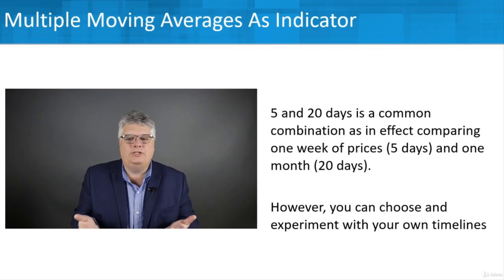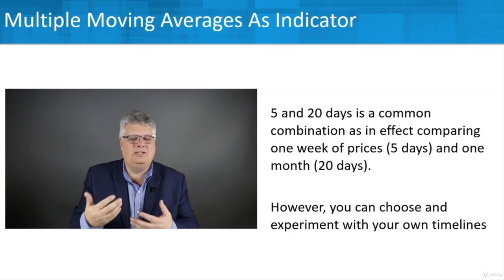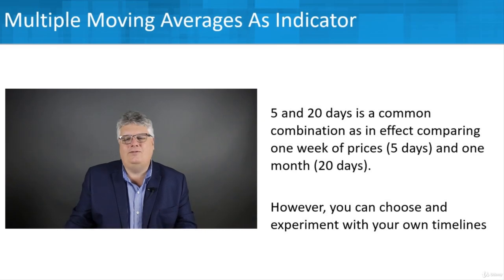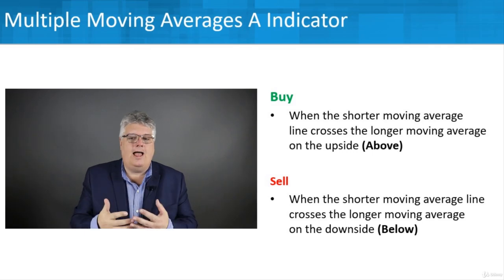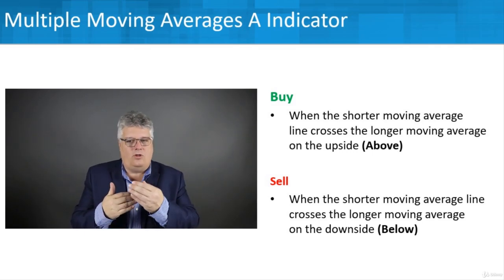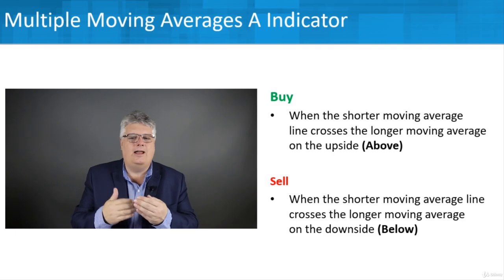However, you can choose and experiment with your own timelines, and that's perfectly okay. A lot of people use 50-day versus 200-day moving averages. There's lots of different ways you can do it, but a common one to get you started is a 5-day and 20-day moving average. So what you do is buy when the shorter time frame moving average line crosses the longer moving average line on the upside.